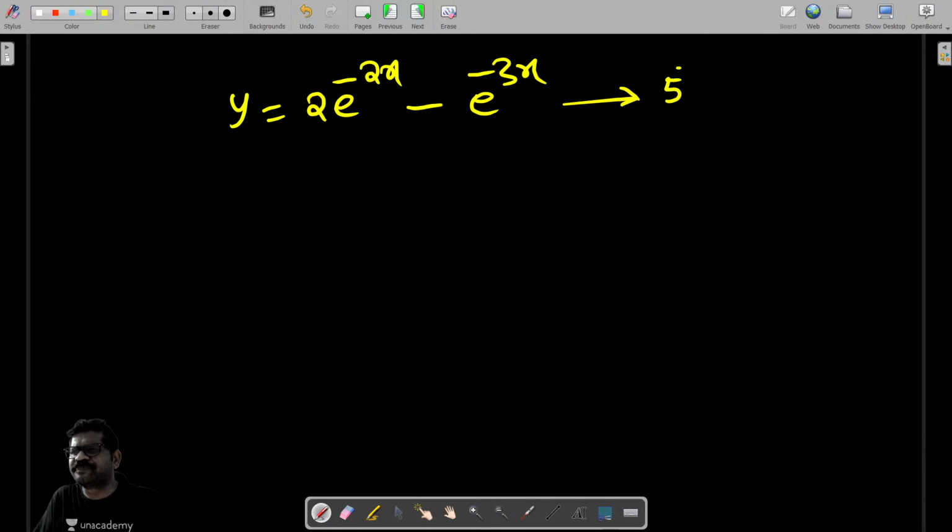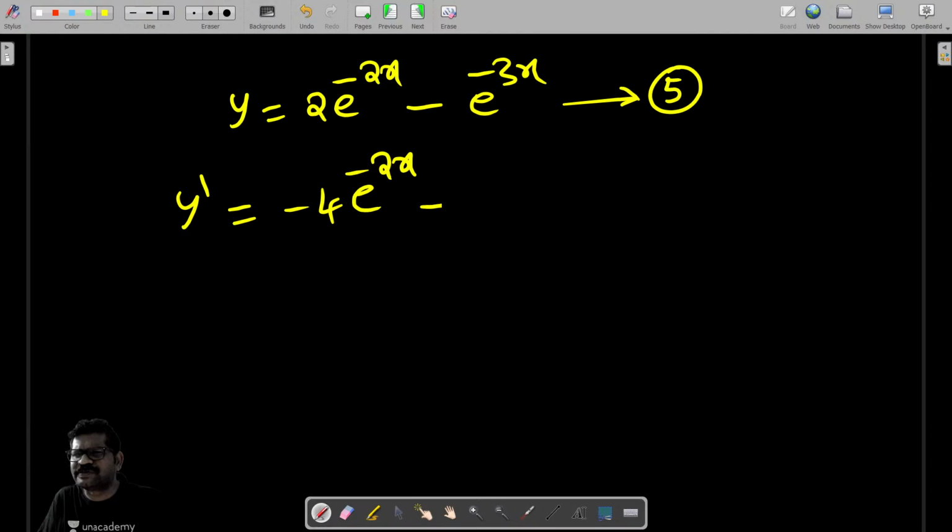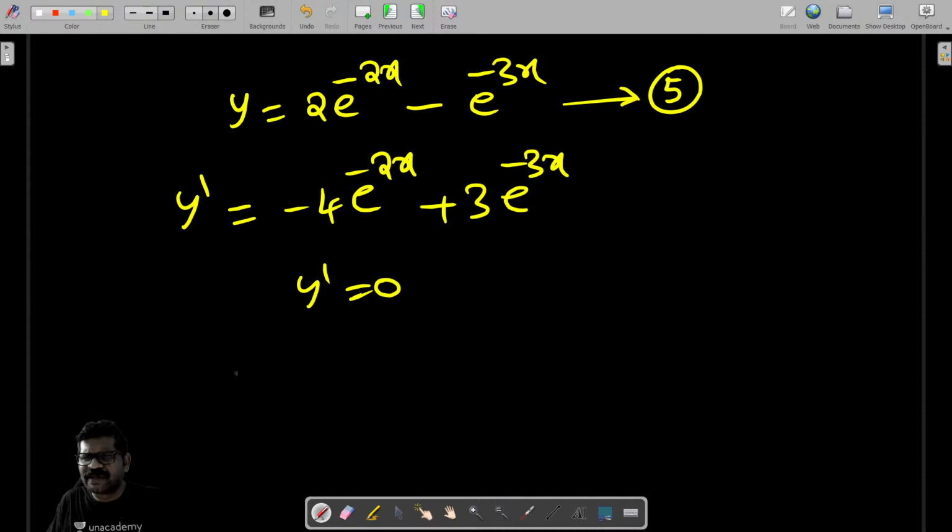Called it 5. Now y dash is minus 4 into e power minus 2x plus 3 into e power minus 3x. When we equate y dash to 0, we get 3 into e power minus 3x equal to 4 into e power minus 2x.